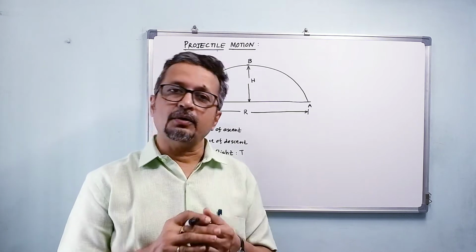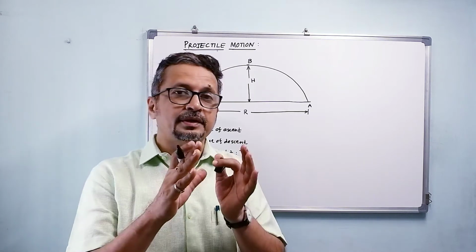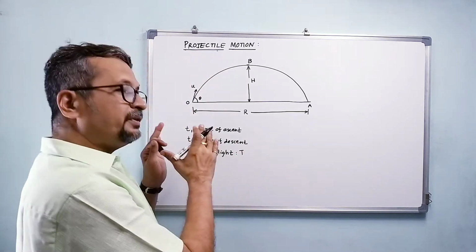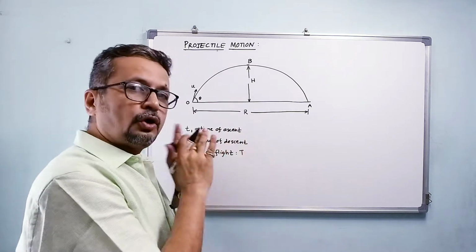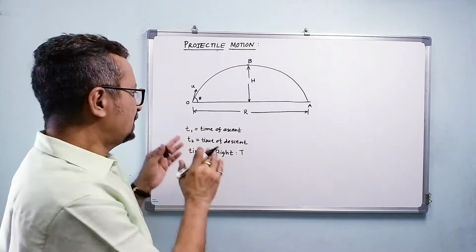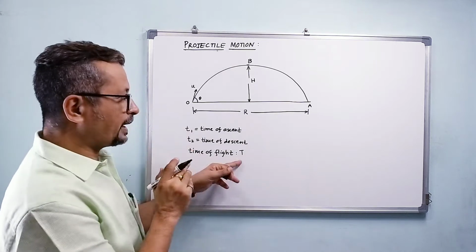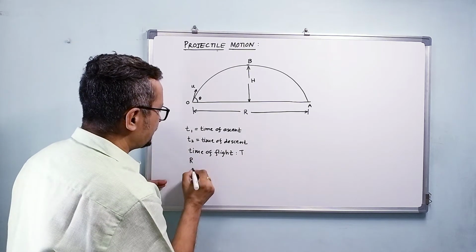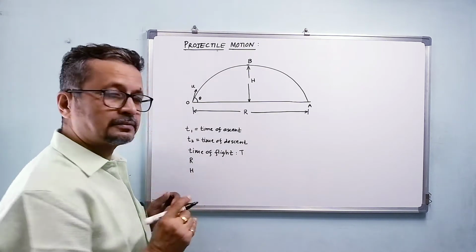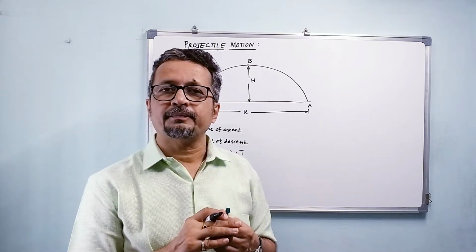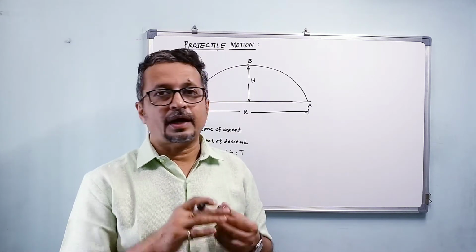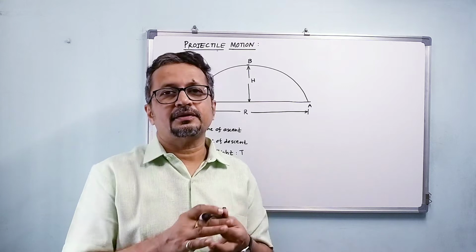Now we would be finding the expressions for all of these, like t1 and t2 and capital T and R and H and all that. But for the time being, I'm going to split the videos.